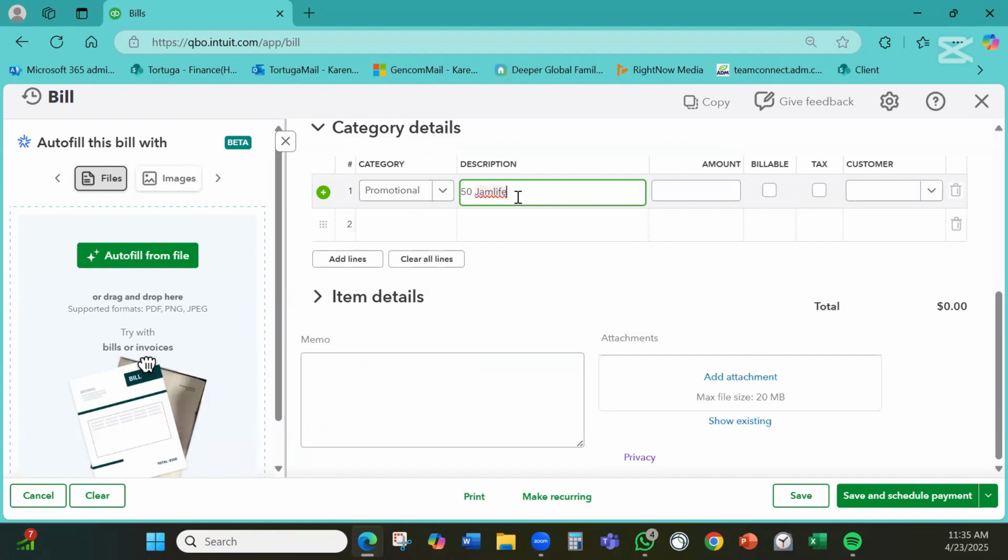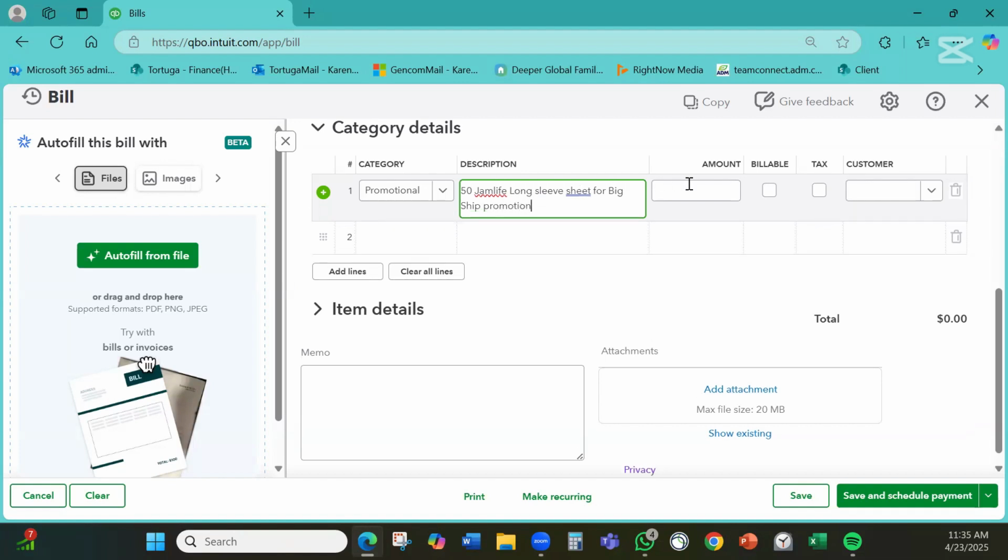It may be just something that you buy because you're going to an event and you want to use it as advertising. So you're having 50 Jam Life long sleeve shirts for, I don't know, a big ship promotion.